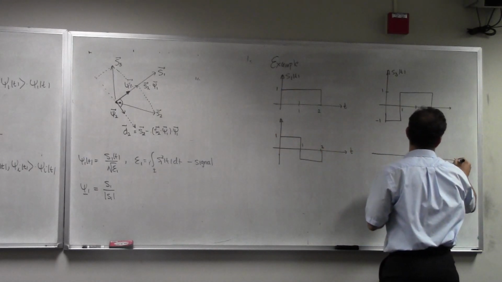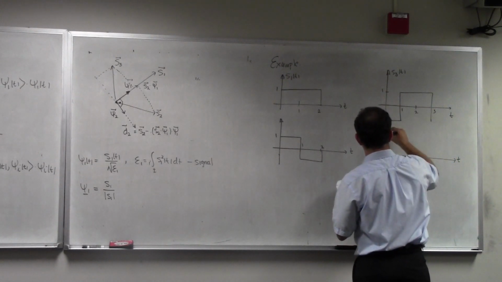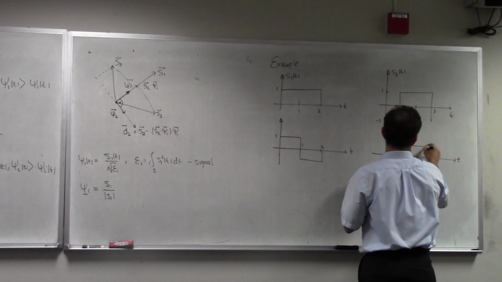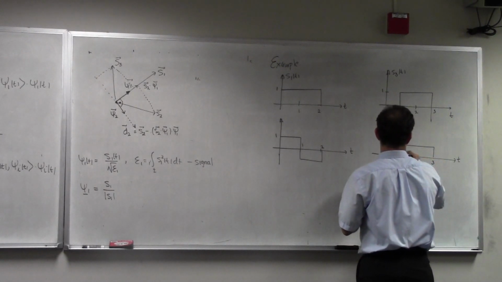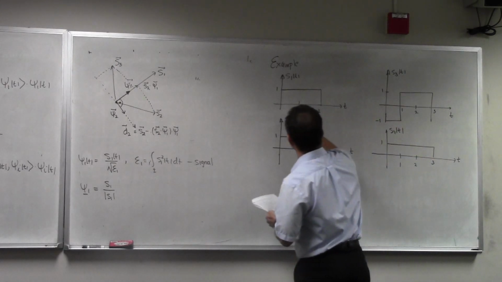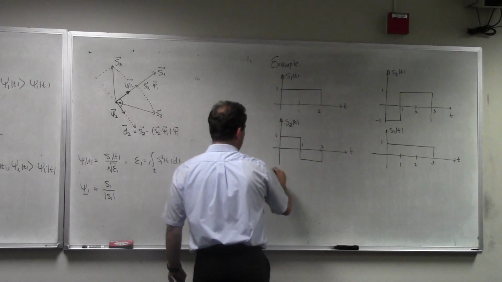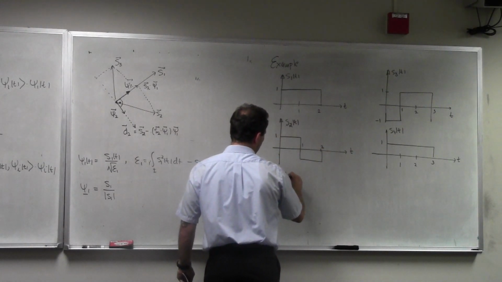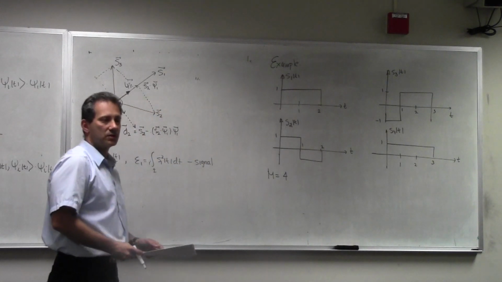And the last one looks like this. 1, 2. So how large is M in this case? M equals 4. So I have 4 signals in my signal set.